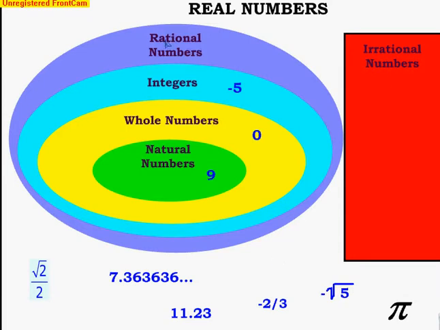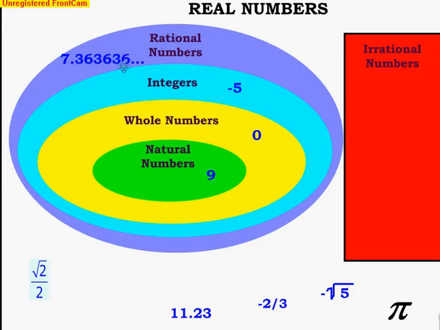Then we have some examples of rational numbers that do not fall into the category of integers, whole numbers, or natural numbers. For instance, 7.363636.